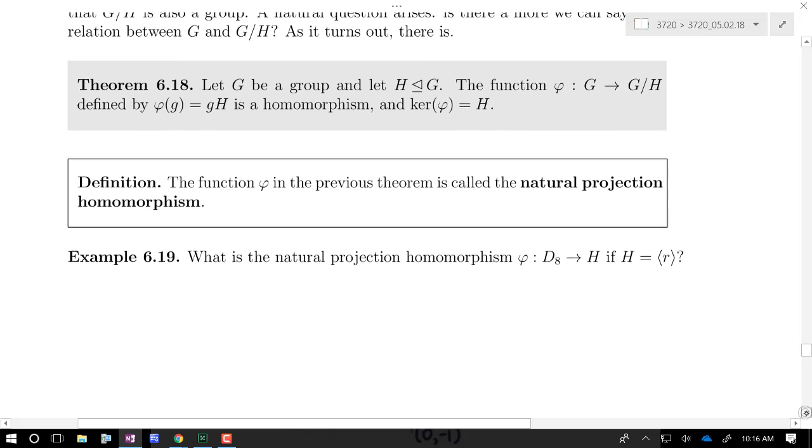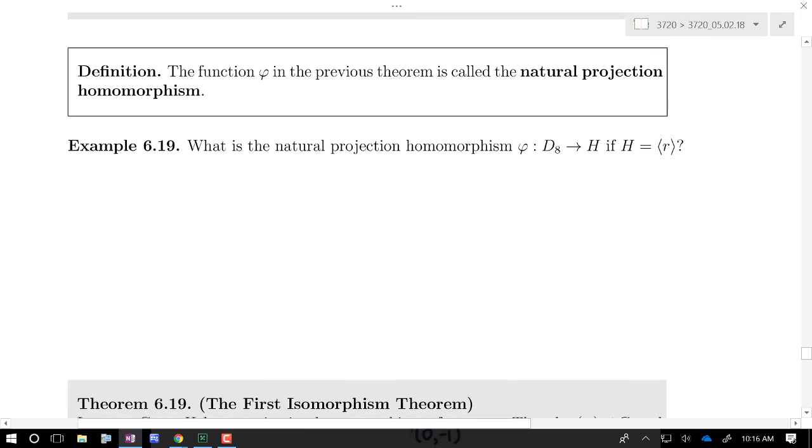So let's return to our D8 group and the normal subgroup generated by R. This function, phi, the natural projection homomorphism, oh, and I have a quick typo to fix here.